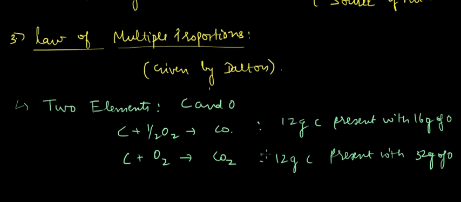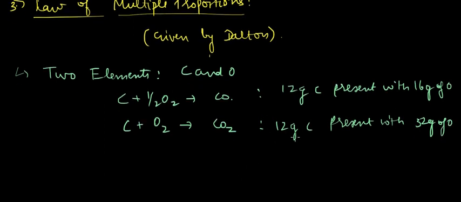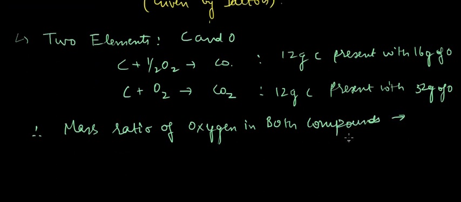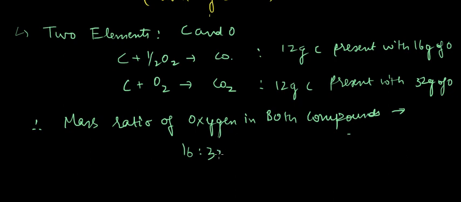So the mass ratio of oxygen in both the compounds would be 16:32, or in other words 1:2.